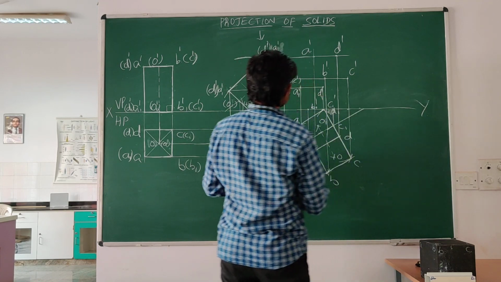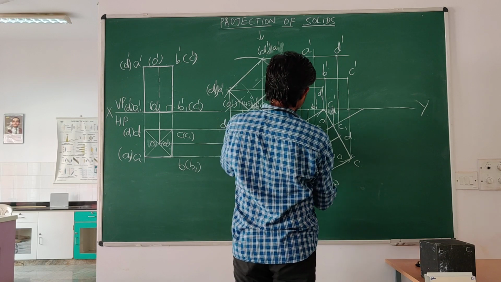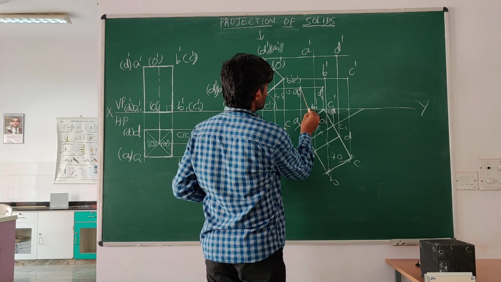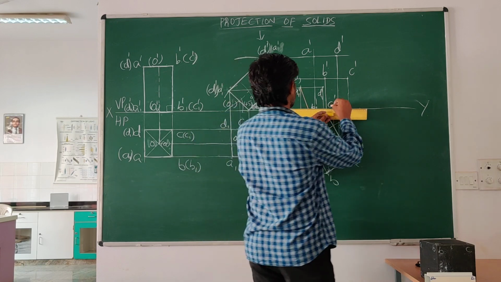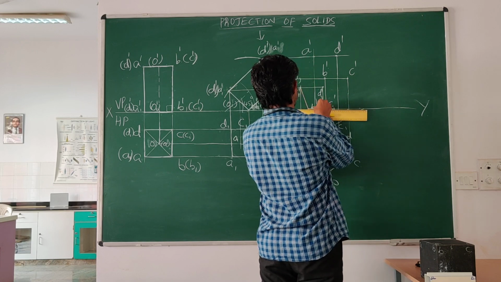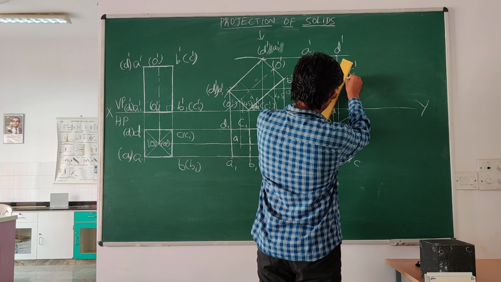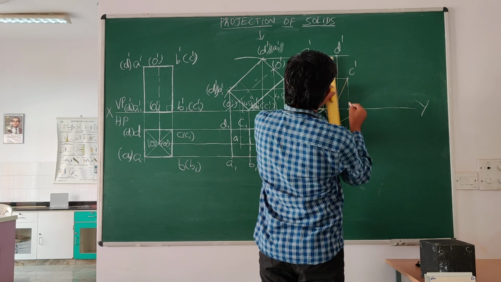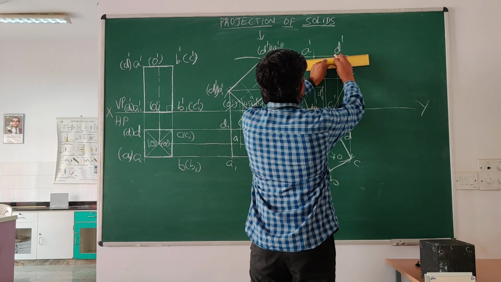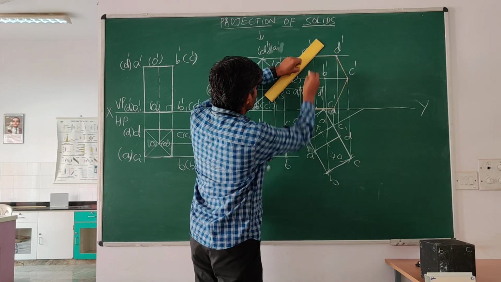So let me join A1 dash to B1 dash, then B1 dash to C1 dash, then C1 dash to C dash, then C dash to D dash, D dash to A dash, A dash to A1 dash.